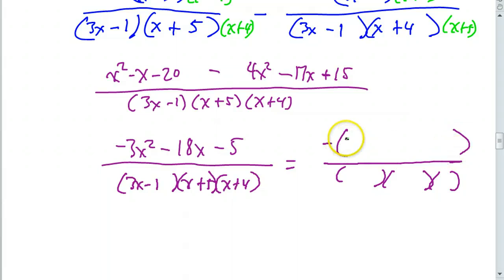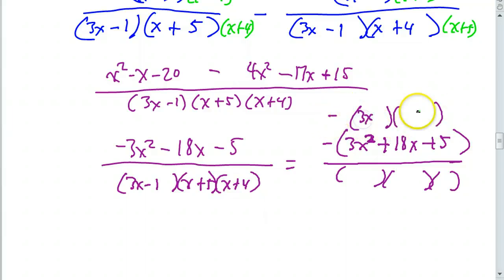If I take out the negative sign, then I have 3x squared plus 18x plus 5. We should try to factor it. I'm betting it doesn't factor though. Our best shot is to go 1 and 5. That's 15 and 1. It's not going to factor. So that means this really was the answer.